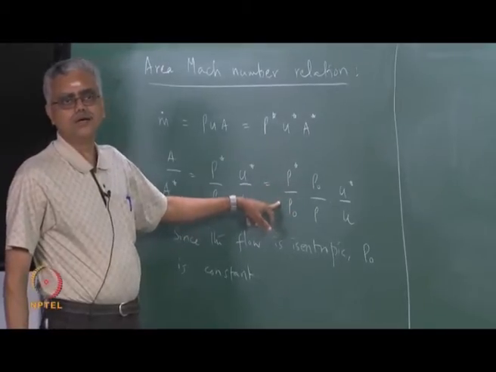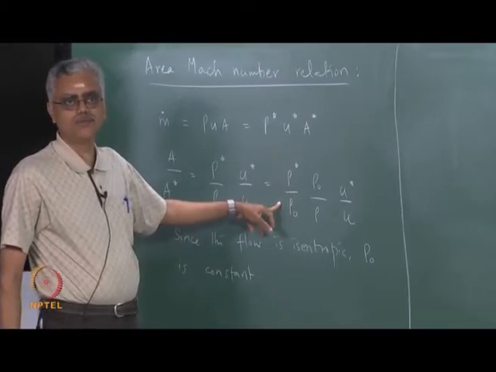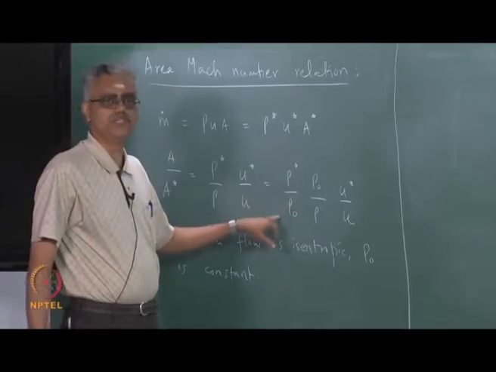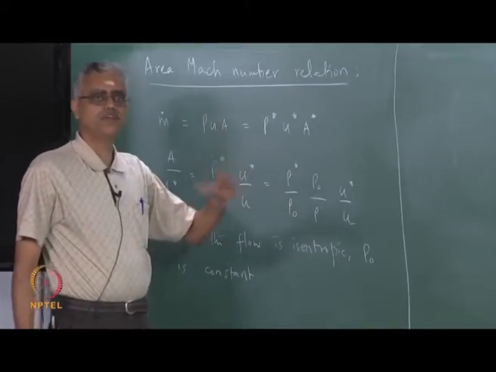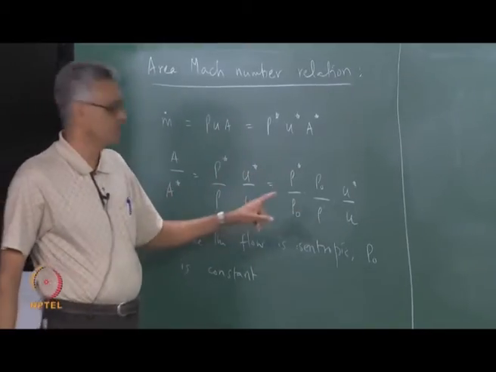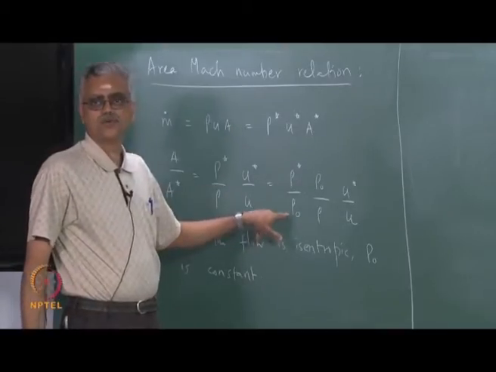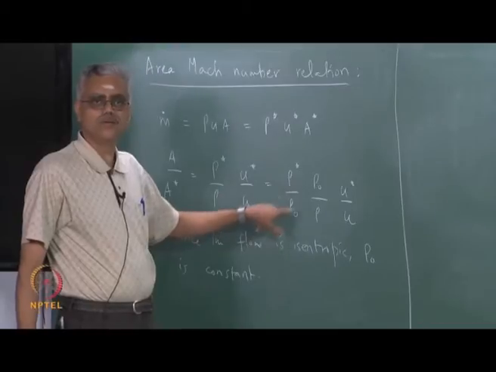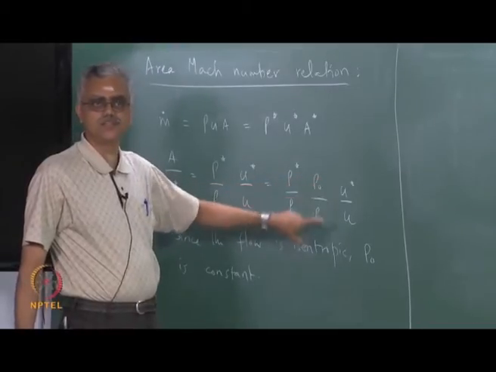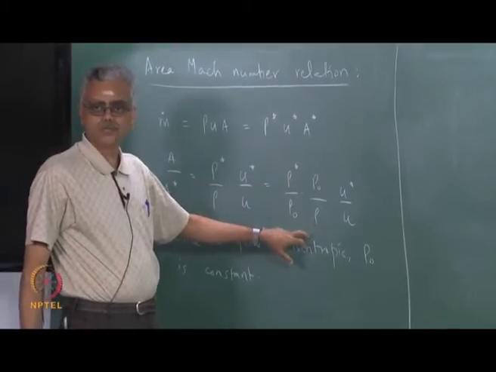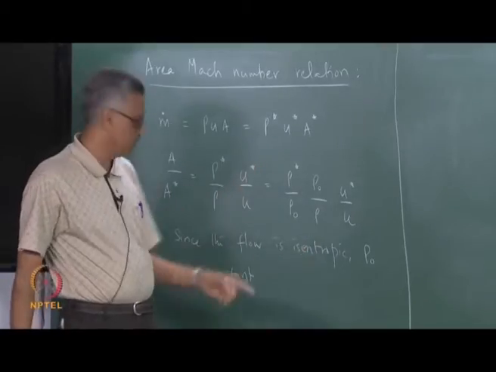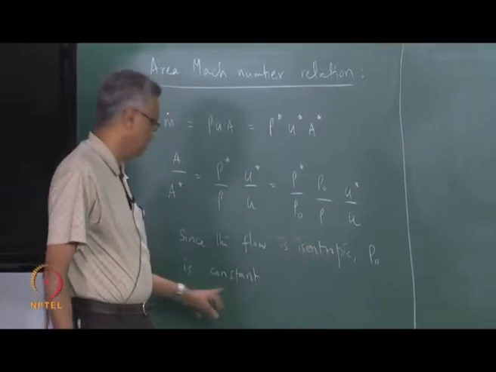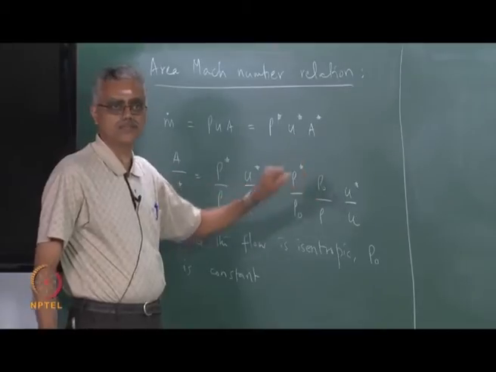For example, in Rayleigh flow or Fano flow, this will keep changing, because either T naught or P naught keeps changing. So rho naught where the sonic state occurs will be different from the stagnation density at any other state. I will not be able to make use of this in the other two cases, but here, because the flow is isentropic, rho naught is constant, I can write it like this.